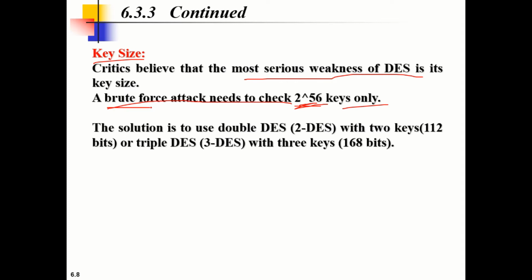So if we use a computer with a million chips, which supports parallel processing, we can test the whole key domain, which is this 2 raised to 56, in approximately 20 hours, right?